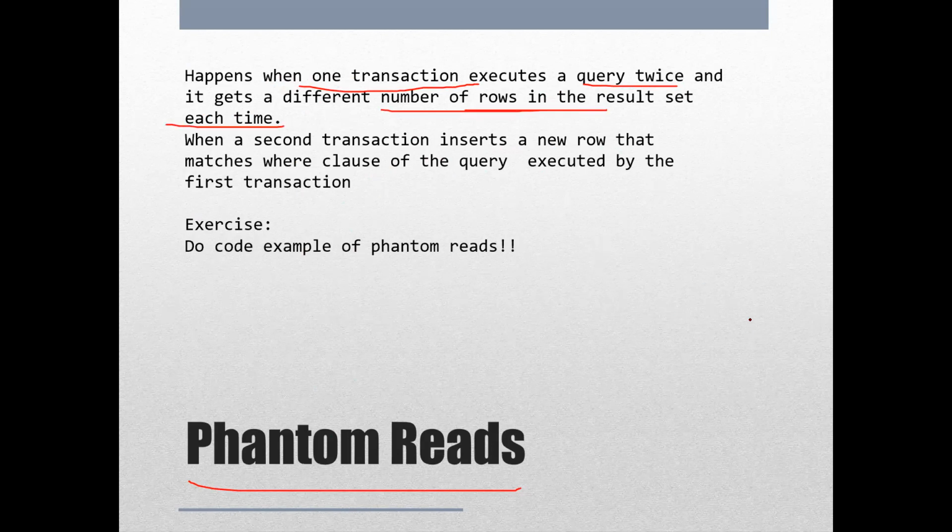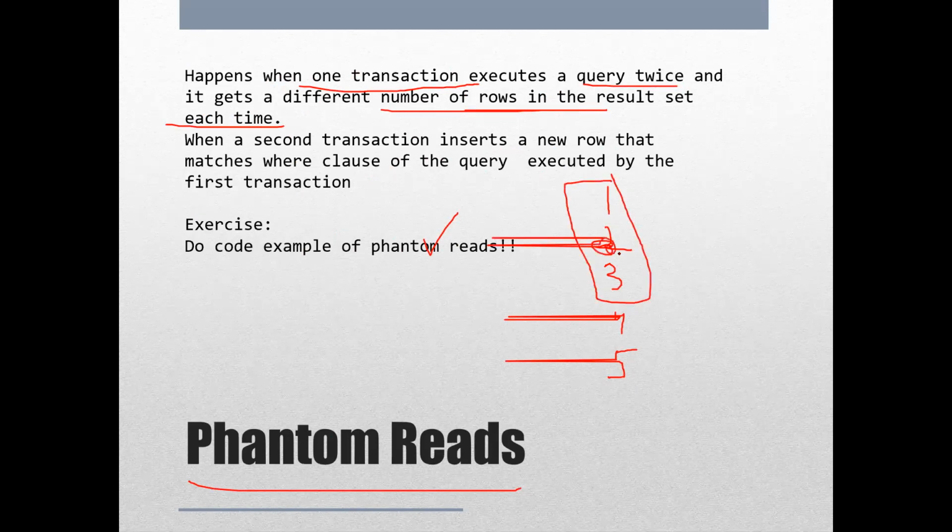Okay, so now we are talking about some data, and I will leave that example to you and I will check it. In the same balance example, suppose there are 5 IDs, and I'm running a transaction that checks IDs from 1 to 3, and let's suppose we don't have ID 2 over here. So when I read for the first time between 1 and 3, it returned 2 rows.